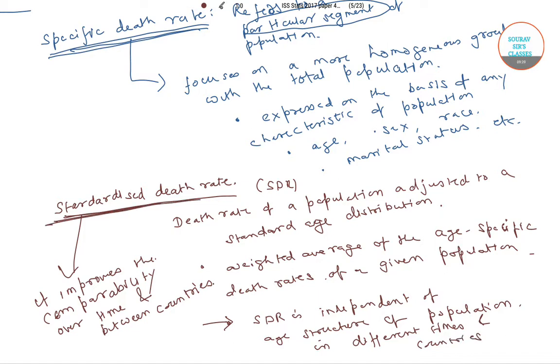So the standardized death rate is the death rate of the population adjusted to the standard age distribution. It is a weighted average of the age-specific death rates of a given population, and the purpose of the standardized death rate is to improve the comparability of death rates over time and between countries.